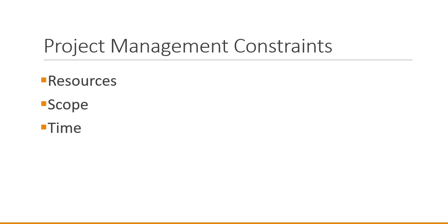Next is scope. Ideally, we could solve every problem presented to us, or at least every problem relating to the topic of our project, but that probably isn't going to happen. As an example, if we're working in an education project, there should be some kind of a scope that tells us, are we working in primary education, secondary education, higher education, what area of a region or a country are we working in?